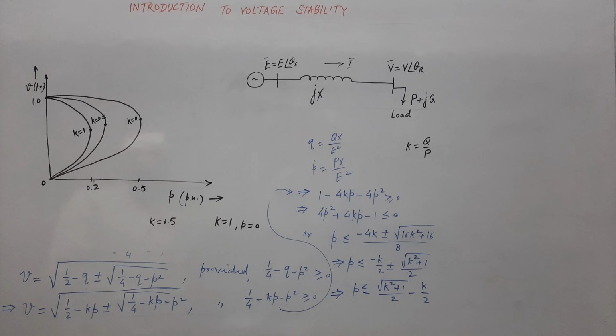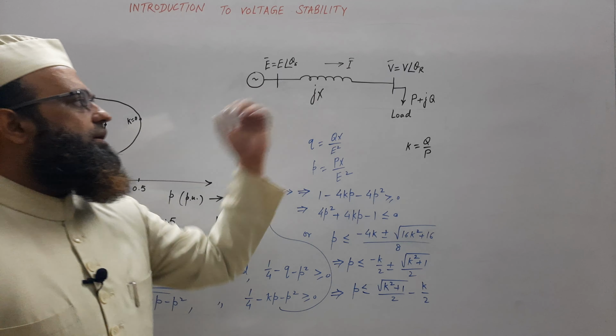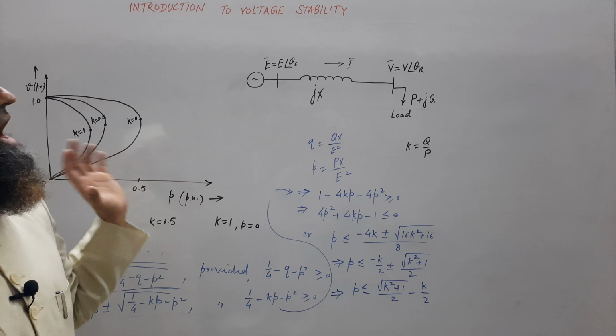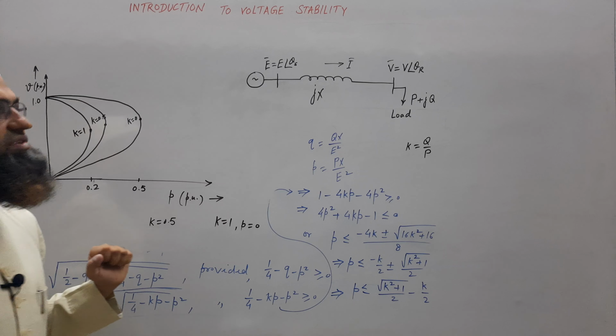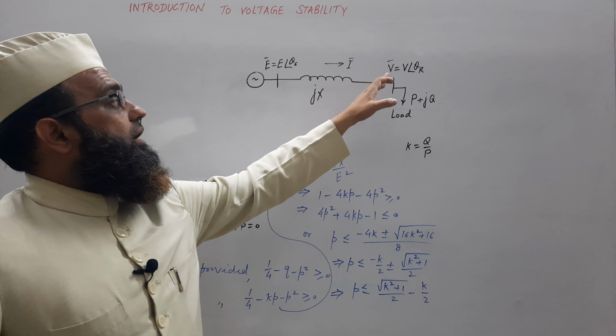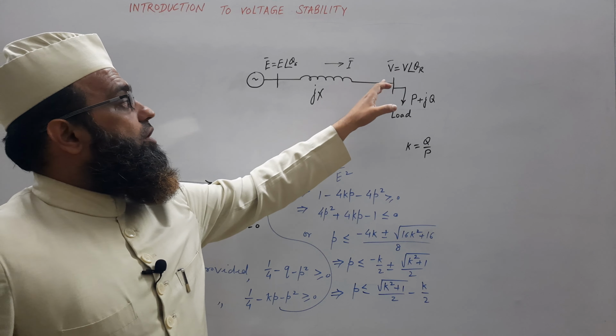So hope you have understood this relationship between the power and voltages, how power being consumed affects the bus voltages for various nature of loads, various power factor loads, and we have to make our system robust enough to maintain voltages of every bus within a specified limit, that is plus minus 5% of rated voltage.